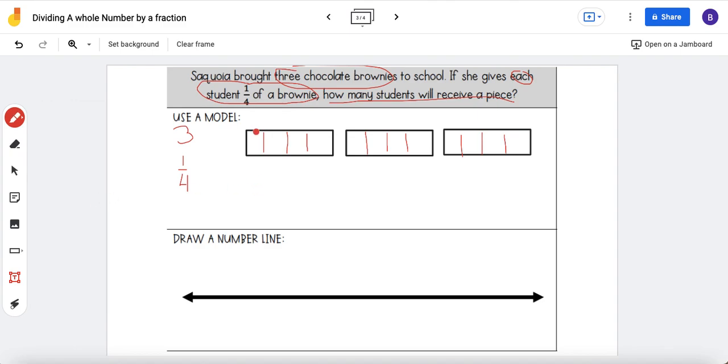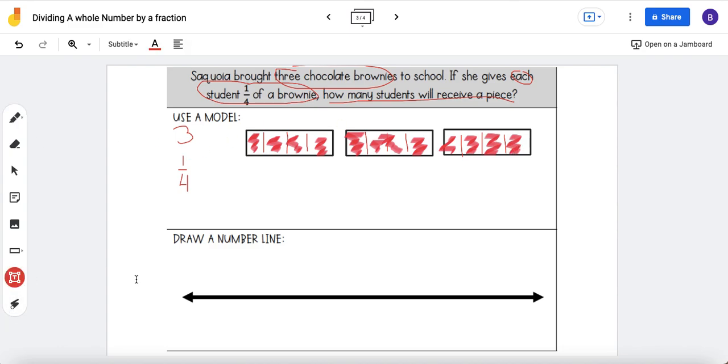So when I'm looking at this, we have 1 student, 2, 3, 4 students will get a brownie from the first pan. 5, 6, 7, 8, 9, 10, 11, 12.